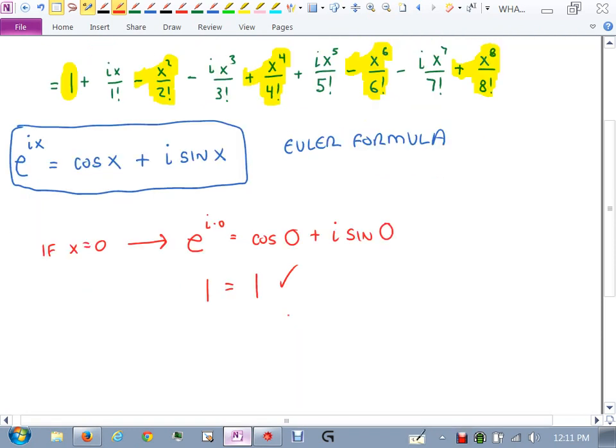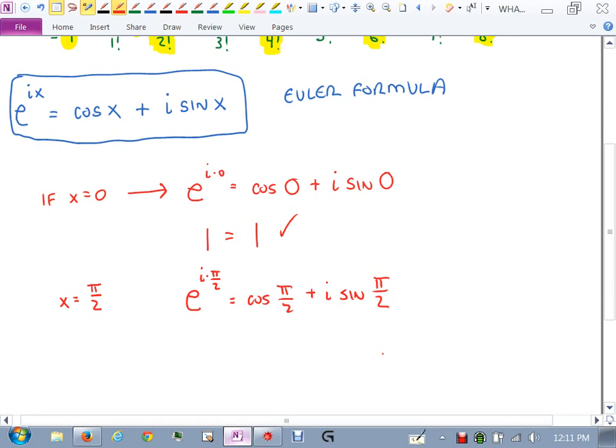What if x is equal to pi over 2? You get e to the i times pi over 2 is equal to cosine of pi over 2 plus i times sine of pi over 2. So what does that give you?